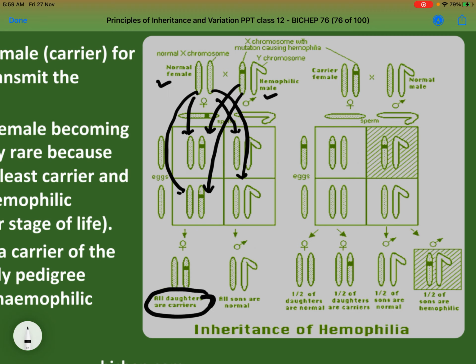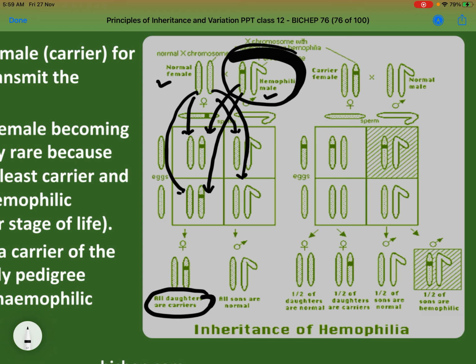So all the daughters will be carriers if the father is affected. If the father is hemophilic and the mother is normal, then all the resulting female offspring, the daughters, are going to be carriers. That is to be noted.